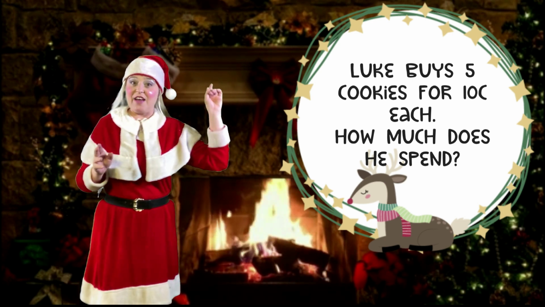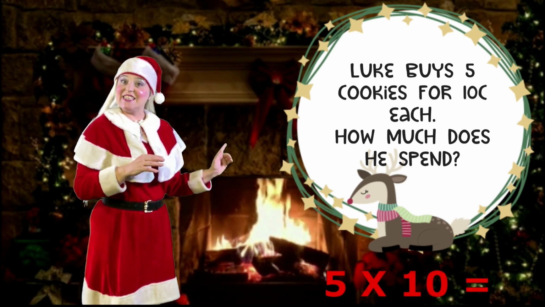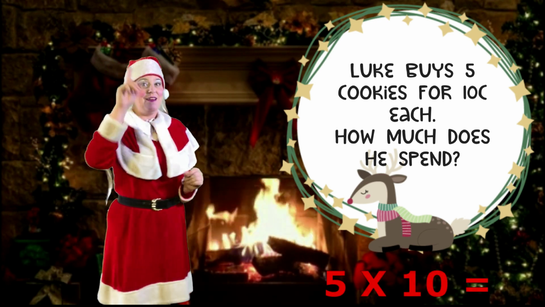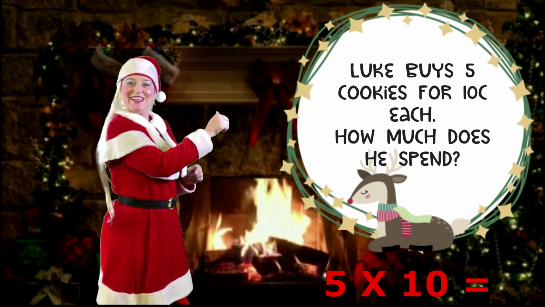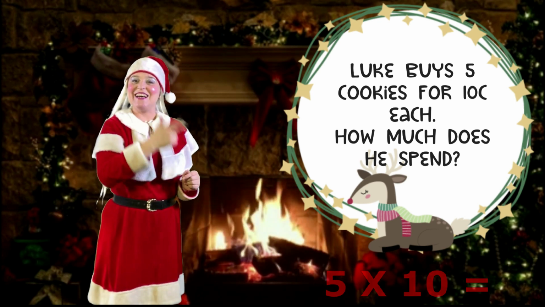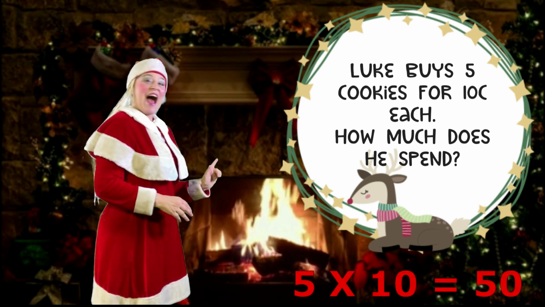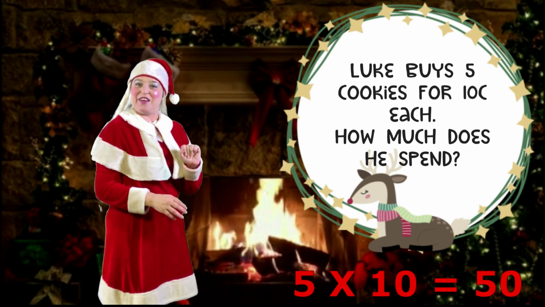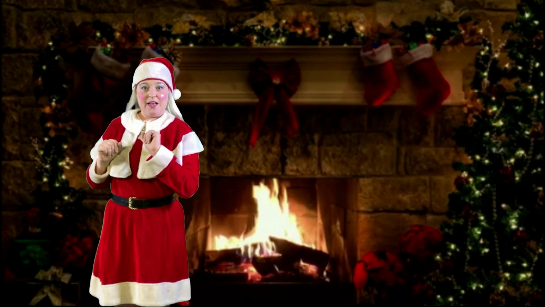Our numbers are 5 and 10, so the sum you should have written was 5 times 10. The answer to 5 times 10 is 10, 20, 30, 40, 50. So you should have written 5 times 10 is 50. Very good. Let's try another one.